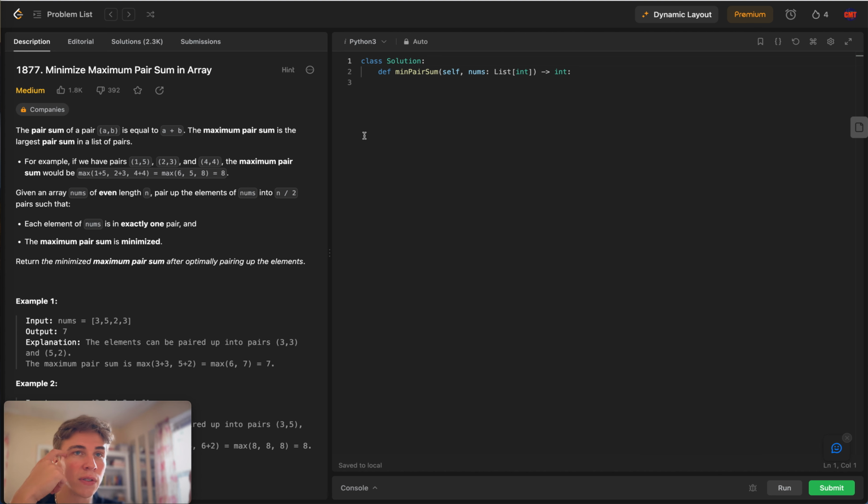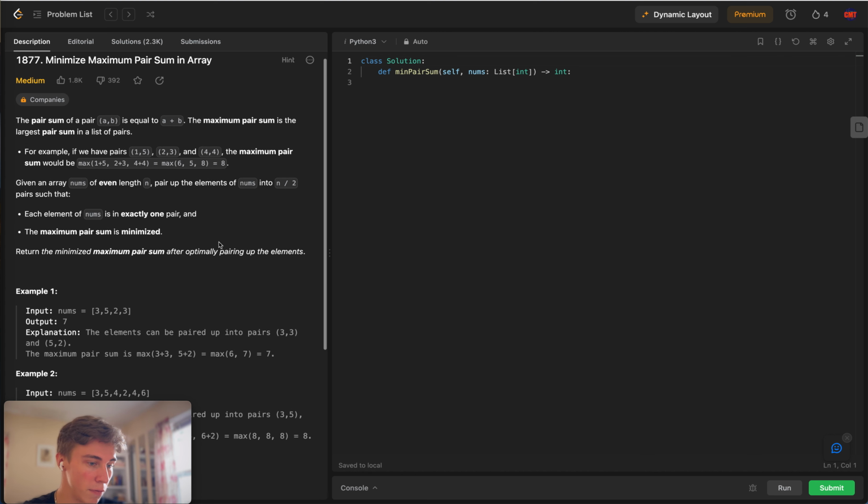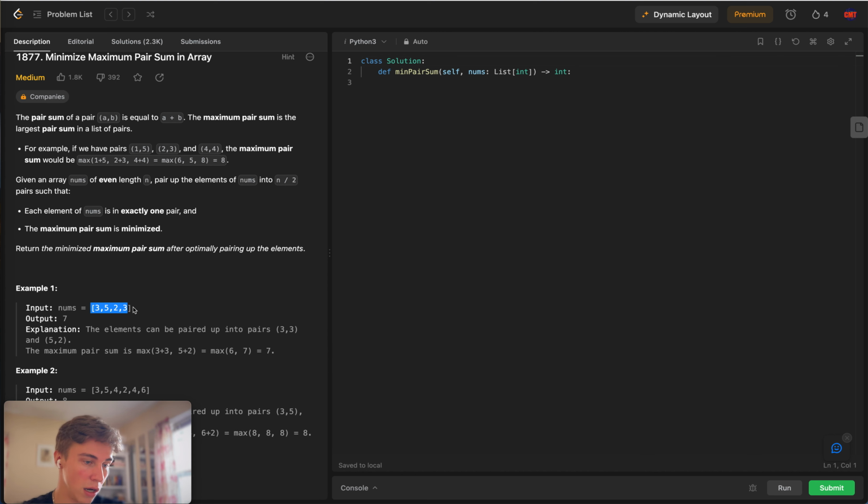And to me, that sounds like adding the smallest possible value to the largest possible value. Let's see if that is roughly correct. In this example, if the array was sorted, we would have 2, 3, 3, 5. And the maximum pair sum of the minimal pairs here, being 7 and 6, would be 7, right? The maximum pair sum would be 7.